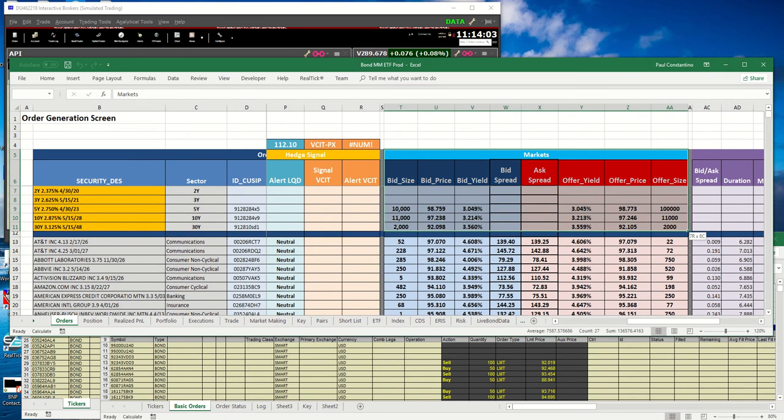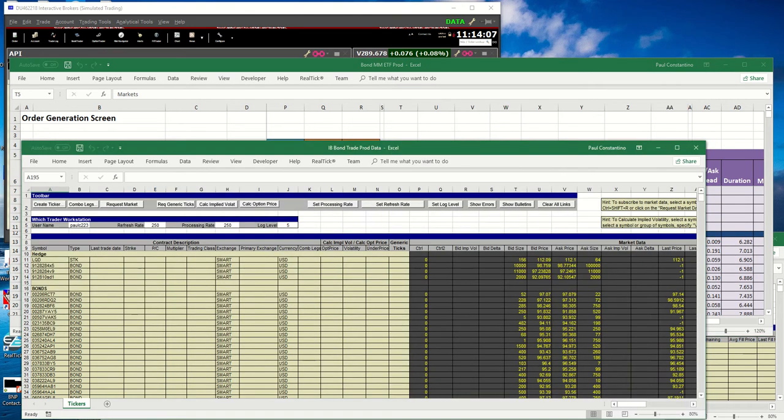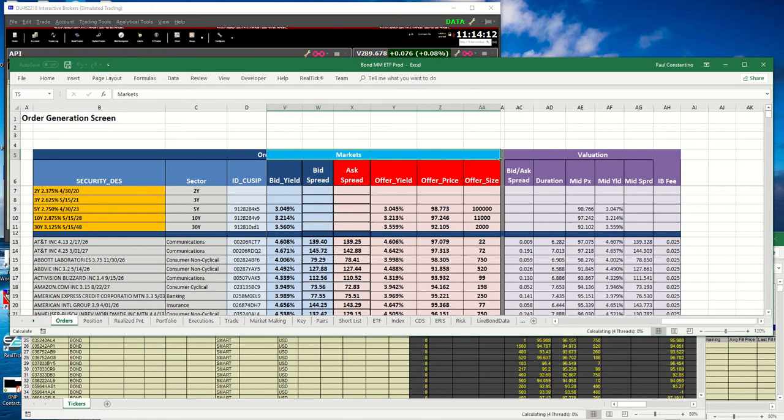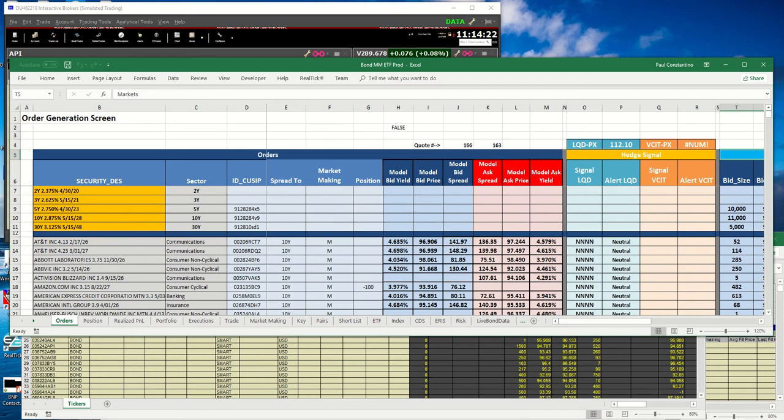These markets, again, are feeds from what we had seen on this other screen here. In addition to that, there are analytics that go into these markets as well and go into the individual securities. So looking back at the dashboard, in this particular case, we see a bid.